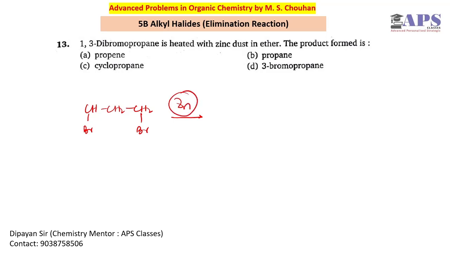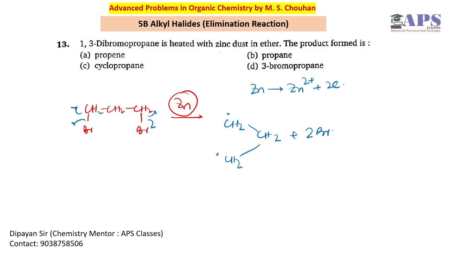Okay, so any metal in the reaction medium follows single electron transfer process or radical mechanism. So Zn will give two electrons, that is Zn 2 plus and two electrons, and in presence of these two electrons, these bonds will be broken as radical. Okay, so we have CH2 dot, CH2, and again CH2 dot along with 2 Br dot.